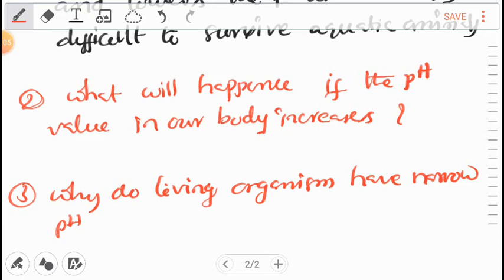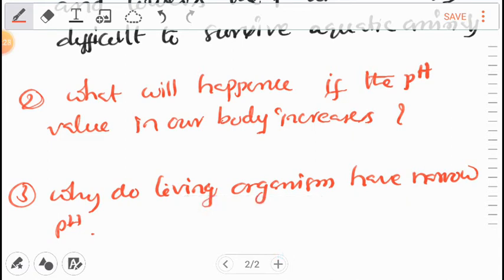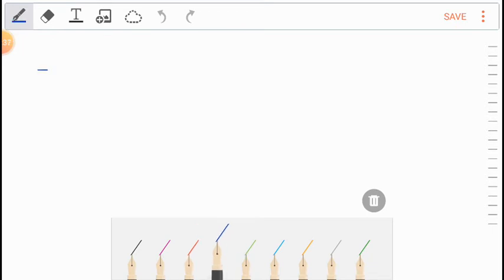Second question, we have a sharp pH range in living organisms. It is very narrow, which means slight changes also cause so many disorders and diseases. So why is that narrow pH there, they ask these questions. First question, what will happen, did you think?